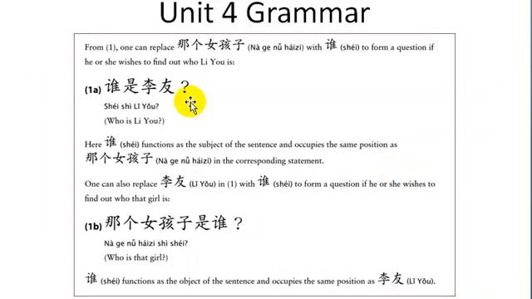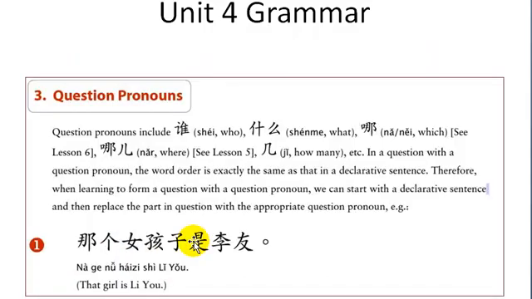You keep hearing someone mention Leo, Leo, Leo, and now you're wondering, wow, who is this Leo girl? You would say 谁是Leo. But if Leo is sitting over there and you don't know who she is, you would say 那个女孩子是谁? And then the answer, 那个女孩子是Leo. Take out the 谁 and replace it with the answer.